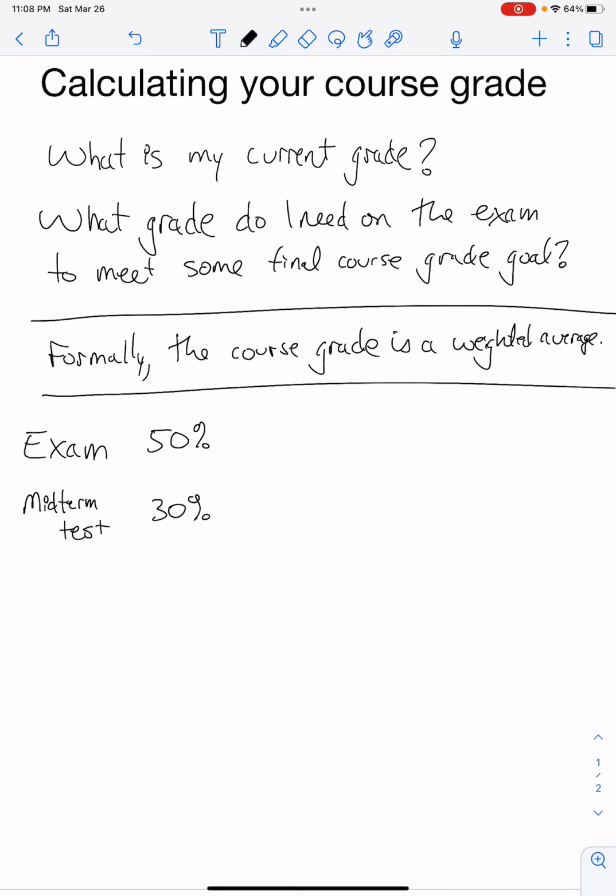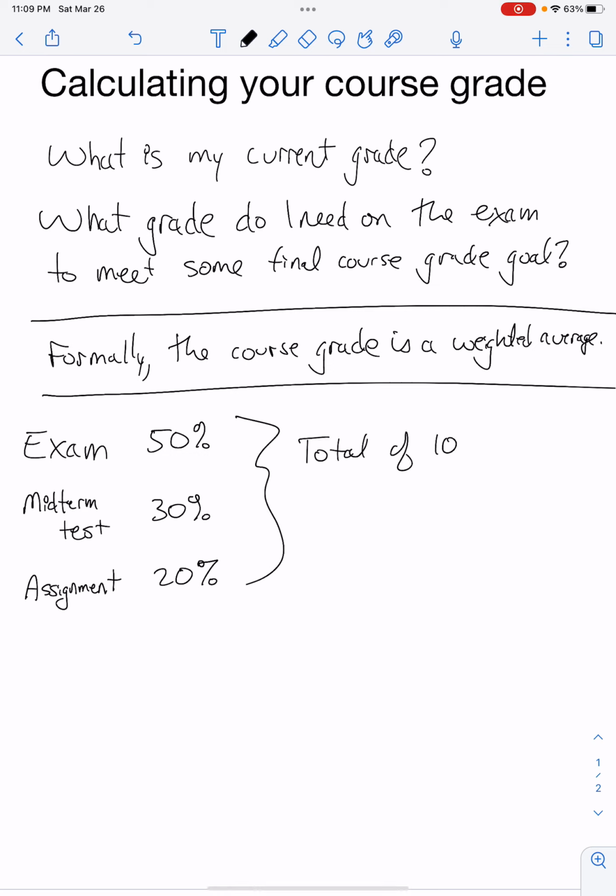So, pretty heavy. Or maybe you've got two tests, each worth 15%, to spread it out a little bit more. And we'll just say we've got an assignment, maybe you've got a few, but for simplicity, just to illustrate the point, we'll have an assignment worth 20%. And so you add all this up, and it's a total of 100%.